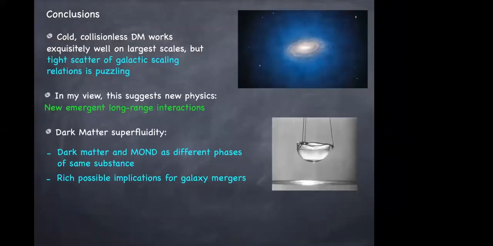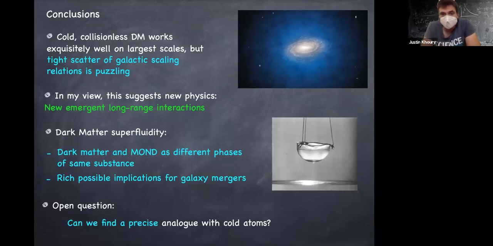Okay. Yeah, and lastly, an interesting question is, if you remember in yesterday's lecture, I mentioned the unitary Fermi gas, which is a gas of cold atoms that has been well studied in the laboratory, which also has these non-analytic powers as a superfluid effective theory.